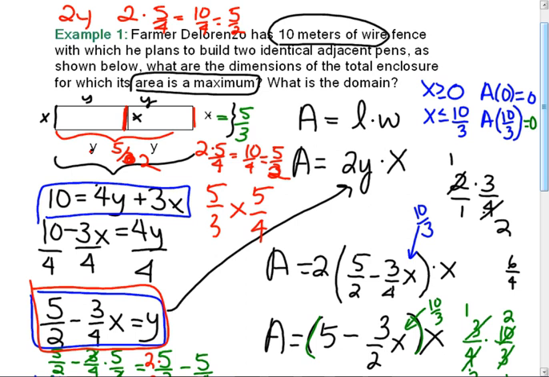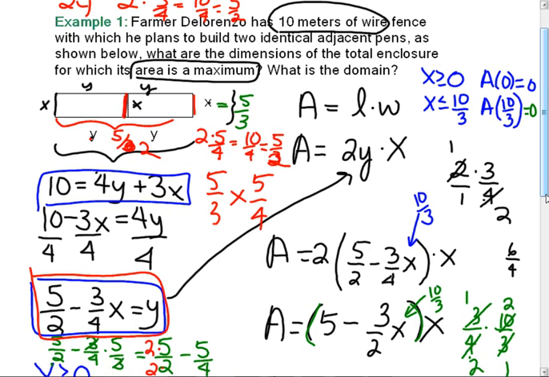They didn't ask that, though. We don't have a place to put the y. Yeah, we do. When I put x as 5/3, I put 5/3 right here. And it's 5/2 minus 3/4, that's 5/3. And then this side is 2y. This smells easier.